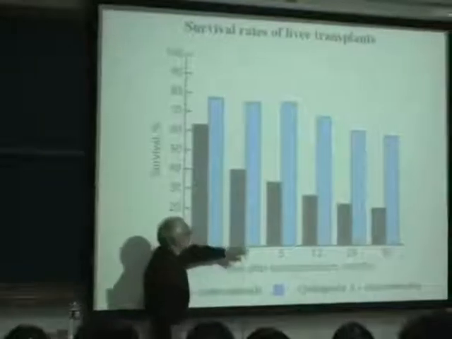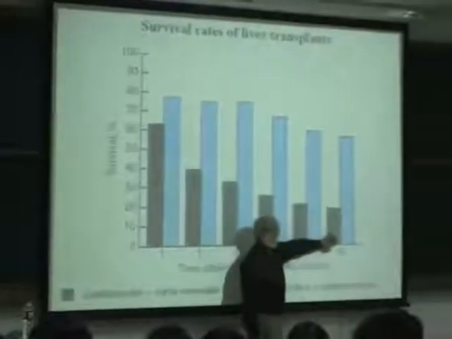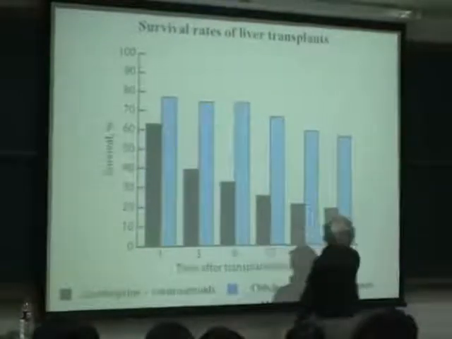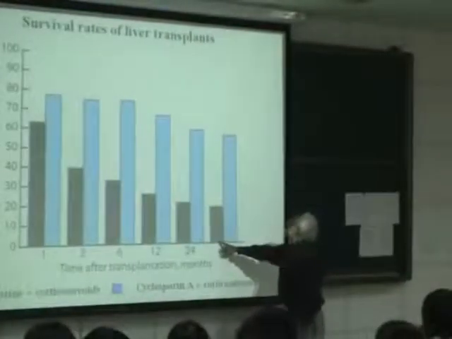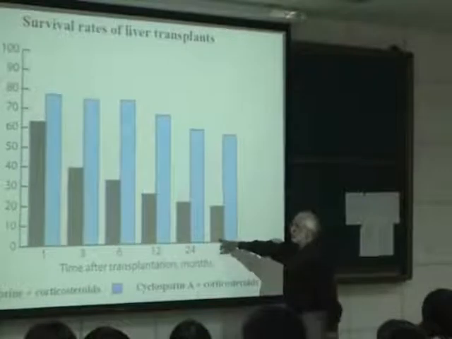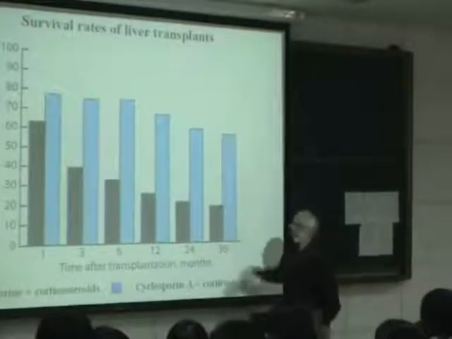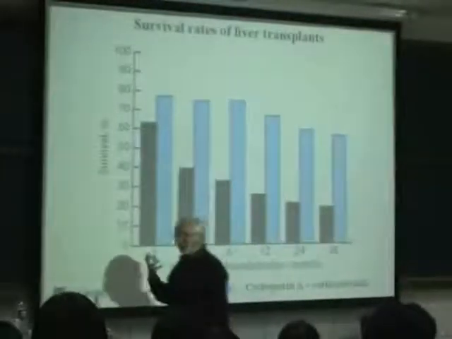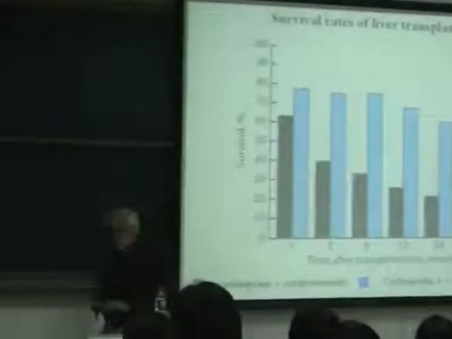It made a huge difference, especially when you go out into years rather than months. Huge difference. 60% survival of the transplants, this is graft survival rather than patient survival, compared with 25%. So this was a big, big leap forward, the development of cyclosporine.